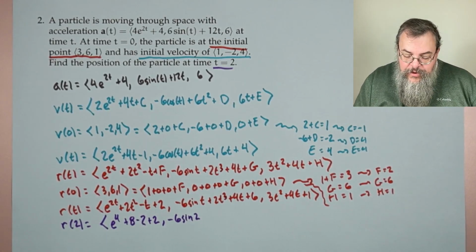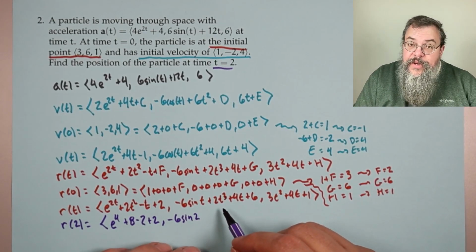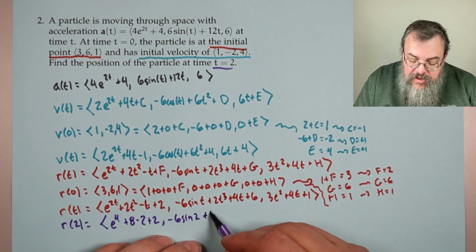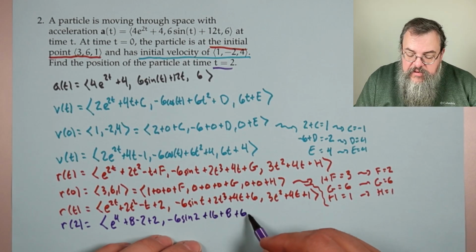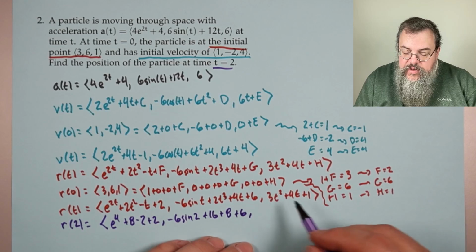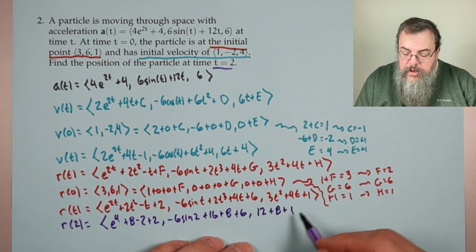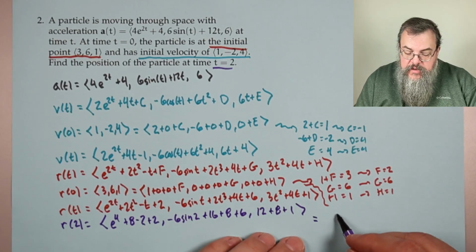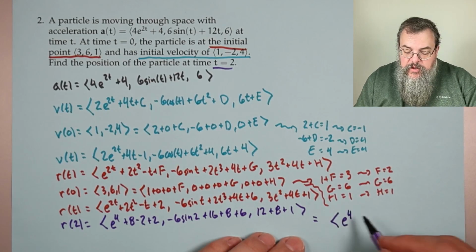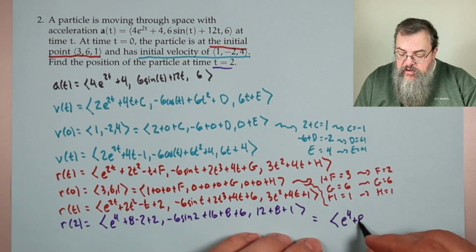Okay, so 2 times 2 cubed. Well, that's 2 times 8. That's 16. Okay, 2 times 4 is 8, and plus 6. All right, 3 times 4, 12, plus 8, plus 1. All right, well, we can just add the terms. E to the 4th, and 8 minus 2 plus 2 is plus 8.